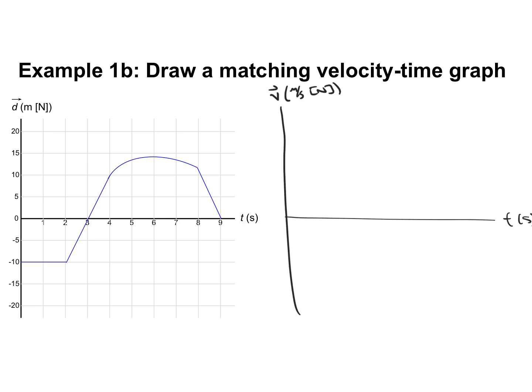And for the direction, I'm just going to copy the direction in the position time graph, so north. I'm going to go from 1 to 9 to match the time of the other graph: 1, 2, 3, 4, 5, 6, 7, 8, 9.